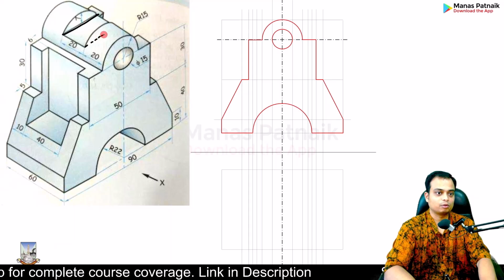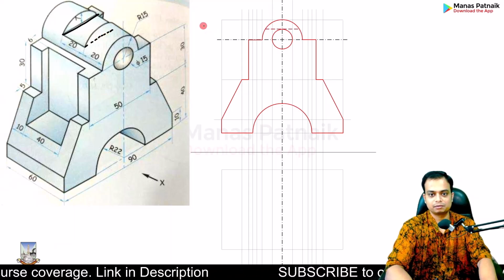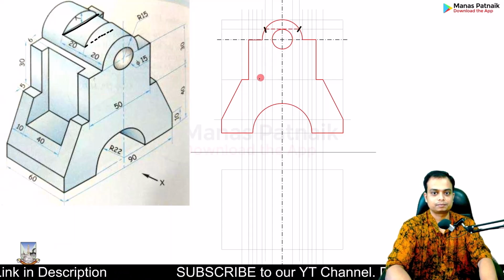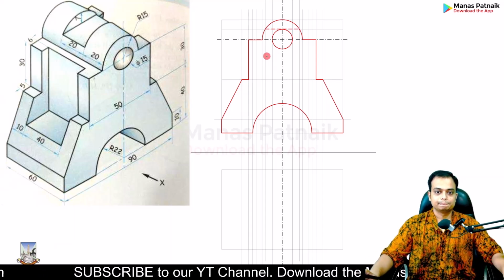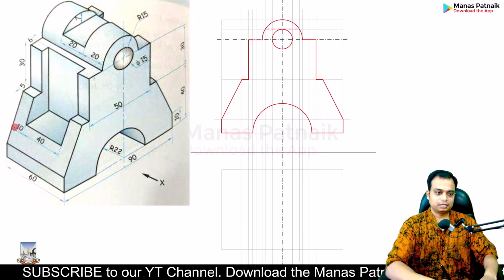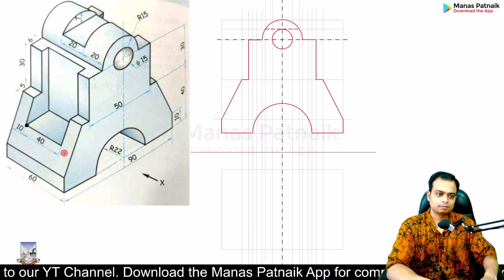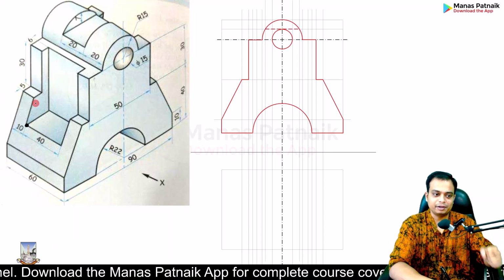Now you can make the construction, one horizontal and one vertical, through these two points. I hope you all can observe these things. Sir, what about this point? It's not visible. Its exact location has not been given to us.